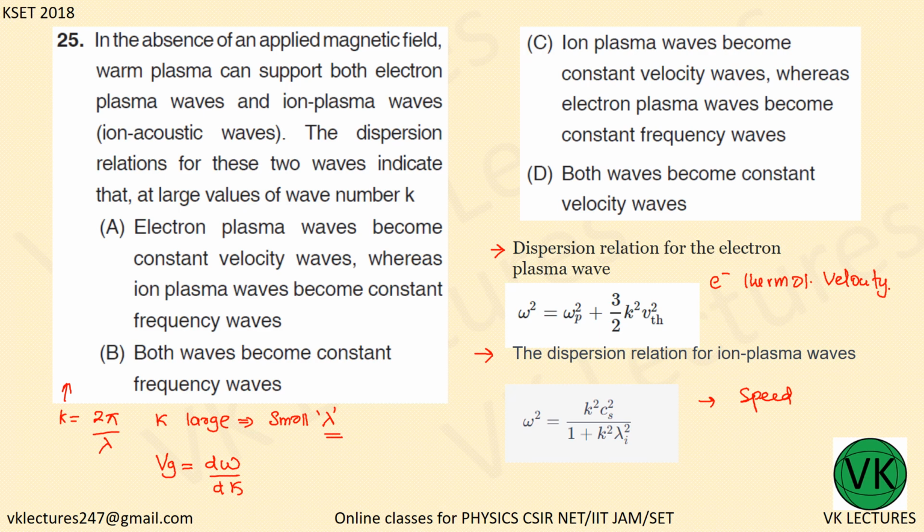According to the question, we find both the frequency as well as the velocity, and here the option is option A. For electron plasma waves, the waves become constant velocity waves, that means Vg equals a constant, and for ion plasma waves omega becomes constant. So the option is option A.